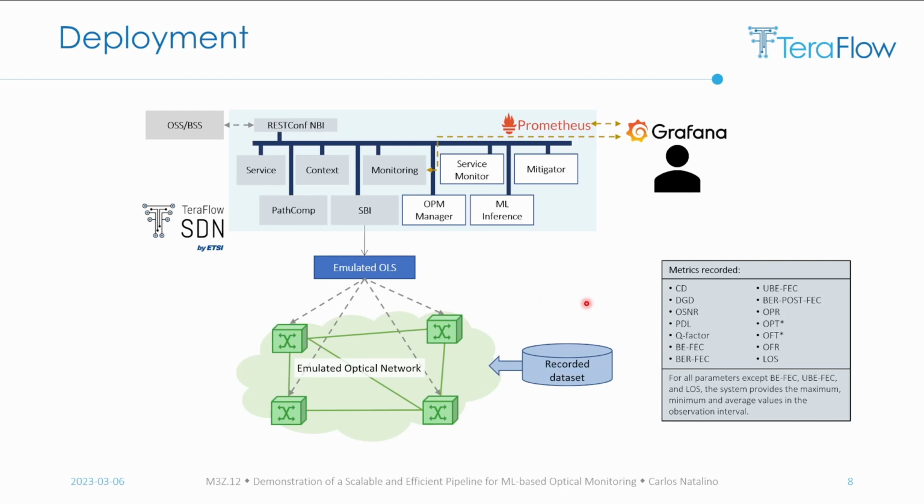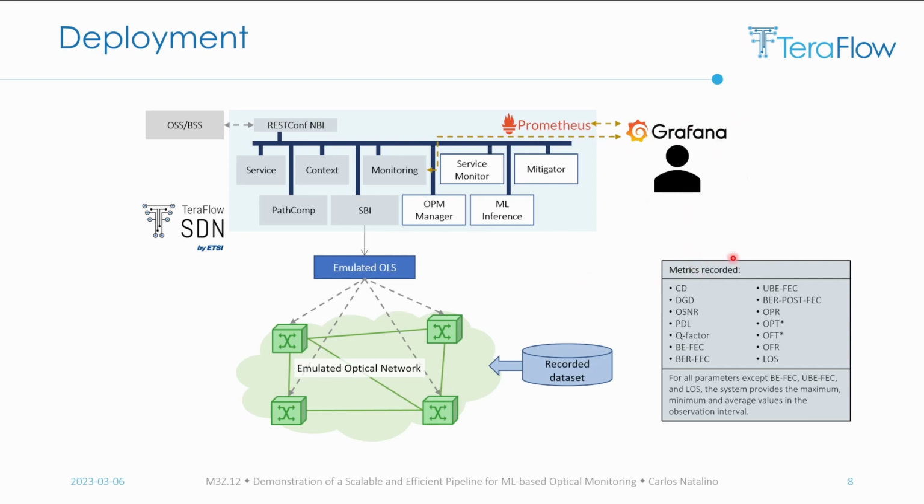So in this demo, I will show you later the result of the deployment, where we have TeraFlowSDN, the components that we implemented, and a Prometheus collector connected to a Grafana dashboard.